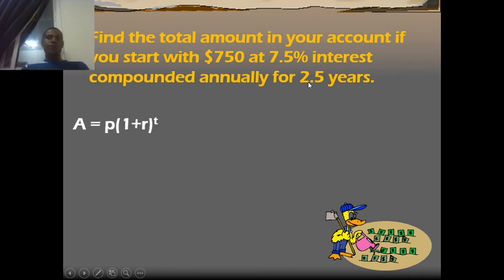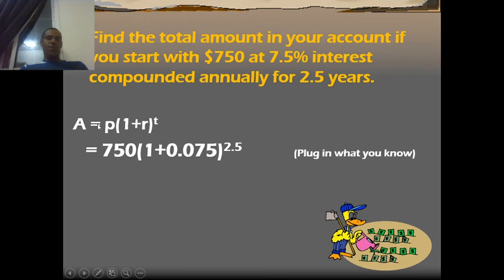Look here, this is the formula for compound interest. A equals the amount that we get after 2 years and a half, after 3 years, and so on. This depends on the number of years in the exercise. Here we have 2.5. So P multiplied by (1 + r) to the power t.